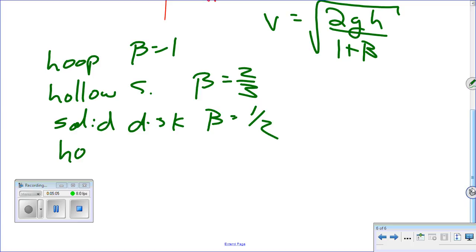A solid sphere has a beta of 2/5. So no matter what, any solid sphere rolling down a ramp will beat any of these other things rolling down that same ramp. The only thing that matters is that beta.